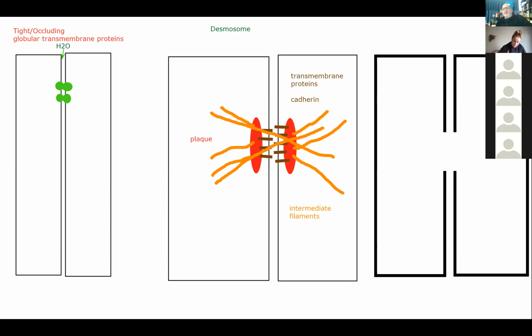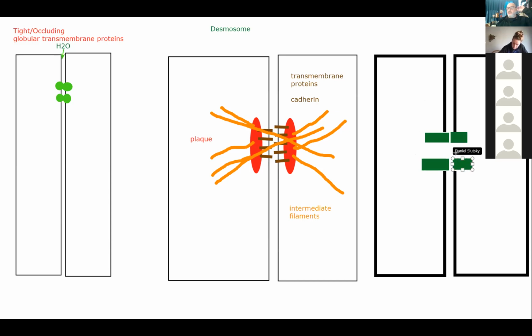What happens with this one is there are these transmembrane proteins that are embedded within the wall of the plasma membrane. And pretend they're the same size. And the things are in both cells.